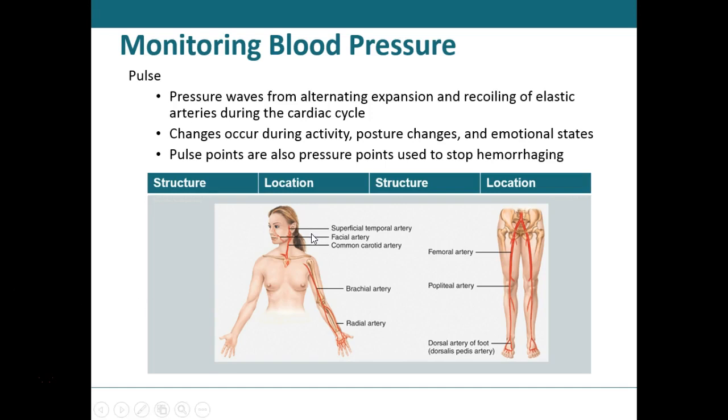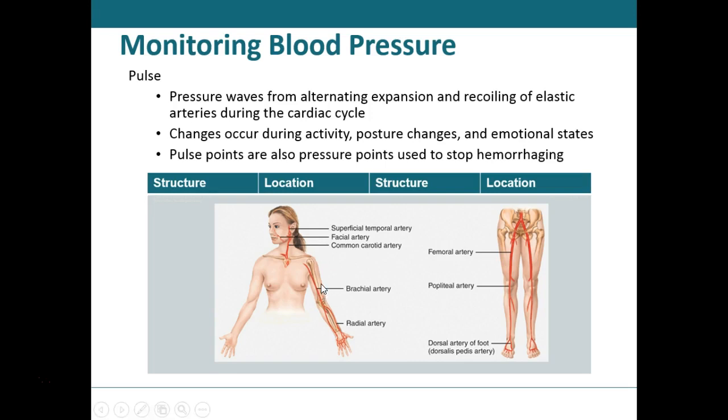The superficial temporal artery is located medial to the ear. The facial artery, we can see it right here, is very near the mandible, which we know is the lower jawbone, on the line with the corners of the mouth. The common carotid artery is going to be lateral to the larynx, what we commonly call the voice box.